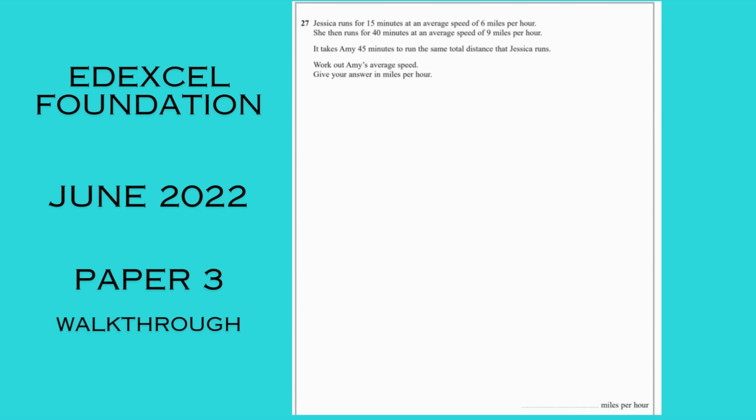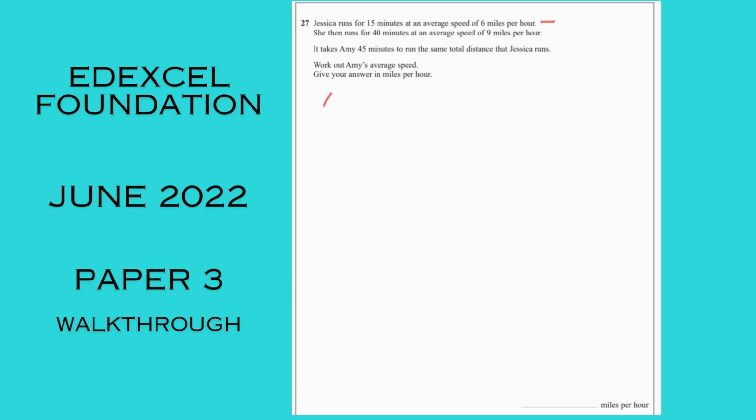Number 27. Very easy to overcomplicate a question like this by waffling using speed, distance, time a bit too much. Let's take part 1 of her race. Now don't forget that 15 minutes is a quarter of an hour.